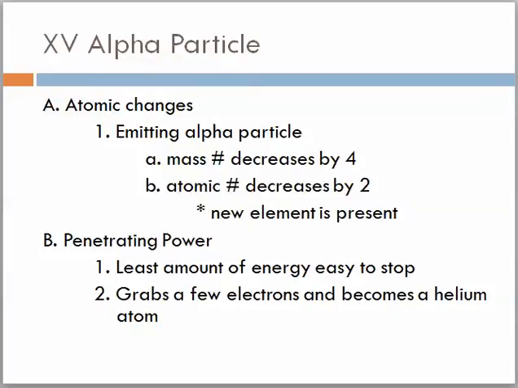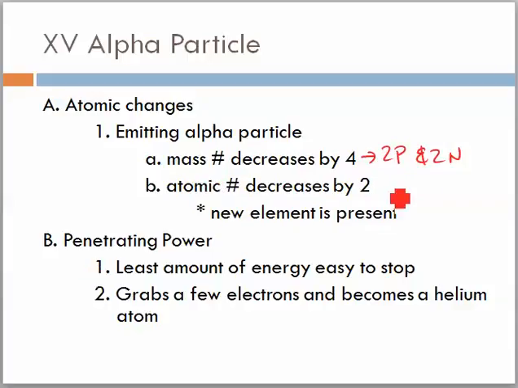Let's talk about the alpha particle. The atomic number changes. If you emit an alpha particle, our mass number decreases by 4. Why does it decrease by 4? Because we lose 2 protons and 2 neutrons. So there are 4 less units in the nucleus, which is where our mass number comes from.